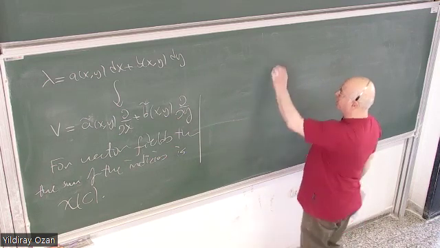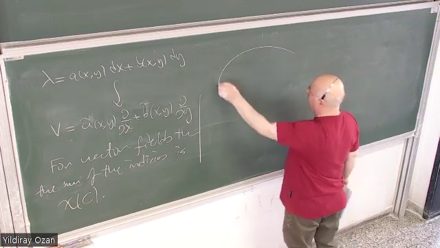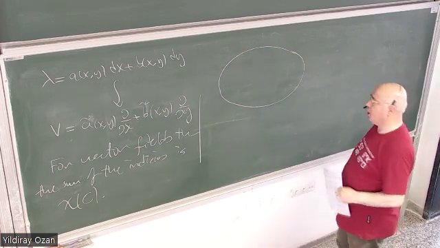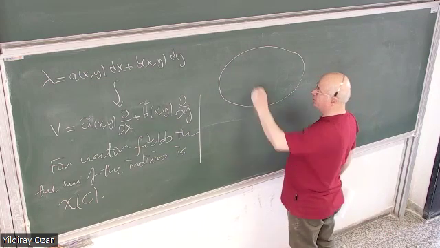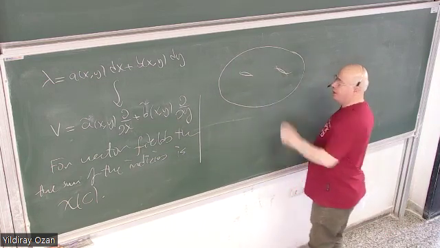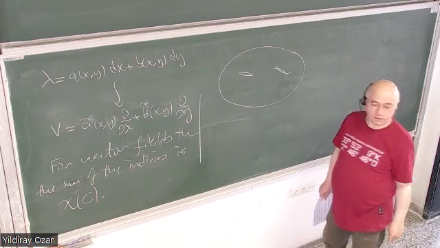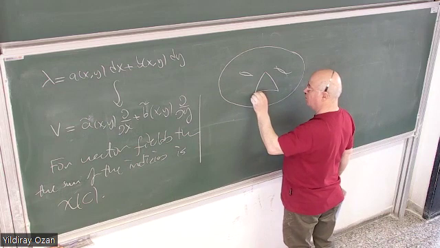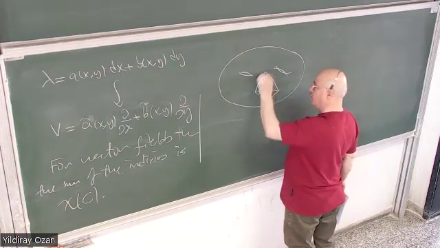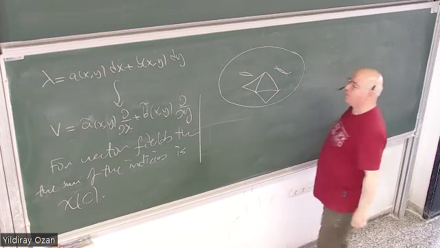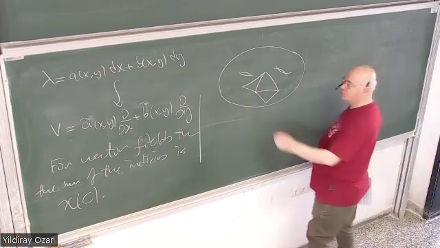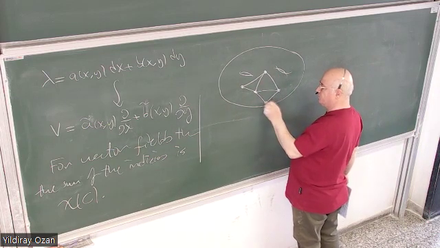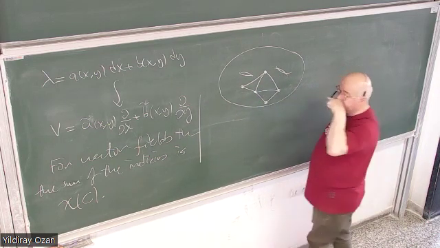You basically do this, let me do something. You can triangulate your surface. Okay. And when you triangulate your surface, you have vertices, edges, and faces.